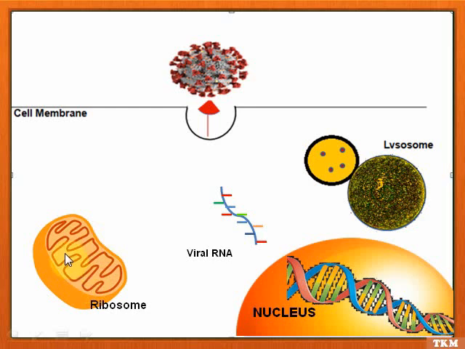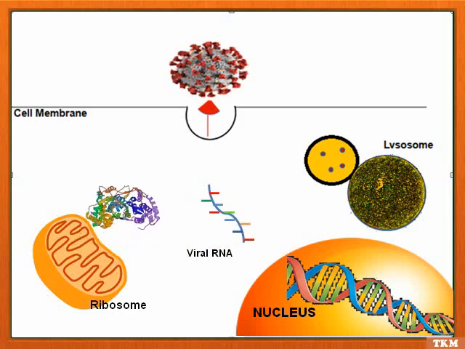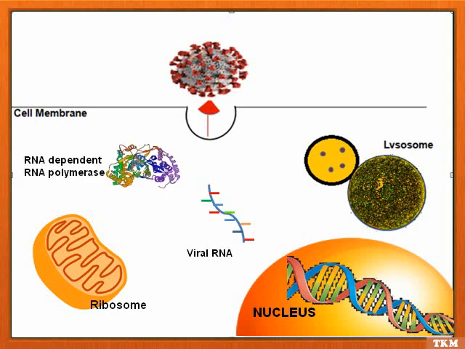The ribosome's main function is to synthesize protein. So it releases the genetic material which is copied by the ribosome, and after that the ribosome looks at this piece of viral RNA and translates it into RDRP, which is also a viral protein.